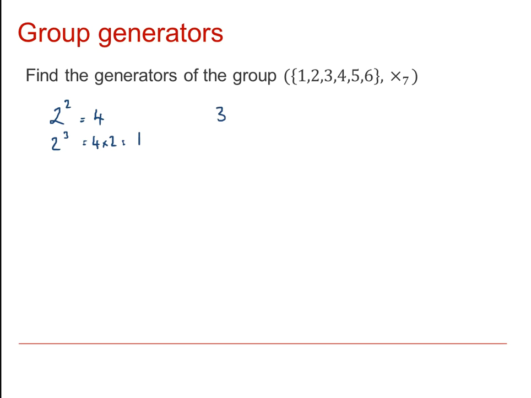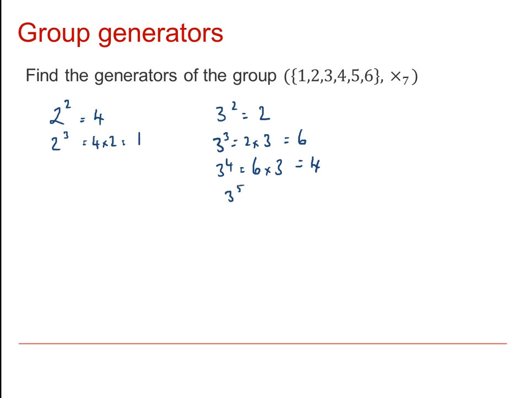If, on the other hand, we look at 3, 3 squared is equal to 9, which modulo 7 is 2. Then 3 cubed must be 2 multiplied by 3, which is 6. 3 to the power 4 will be 6 multiplied by 3, which is 18, and modulo 7, that is equal to 4.